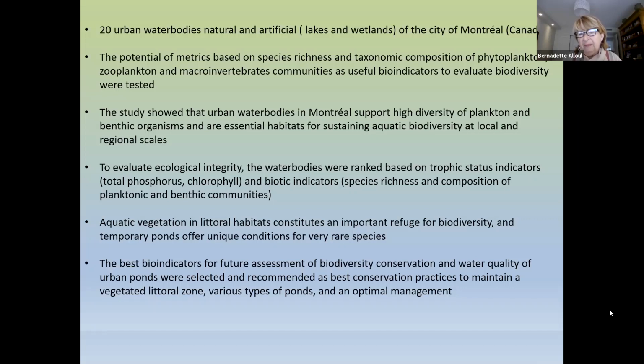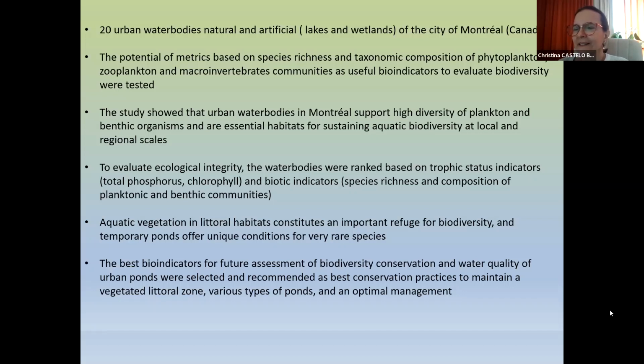Okay. The ones most impacted, with the highest level of total phosphorus, are the sedimentary ones. One is in the city of Montreal, a very polluted system. I have to say that your research was an inspiration for me. I think that we should do this in Rio de Janeiro city.